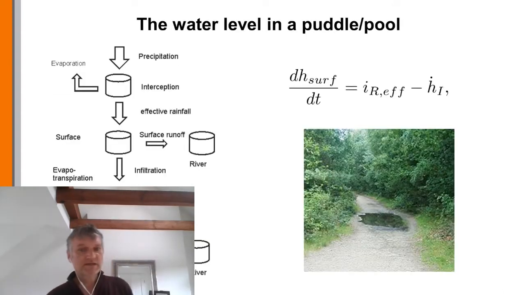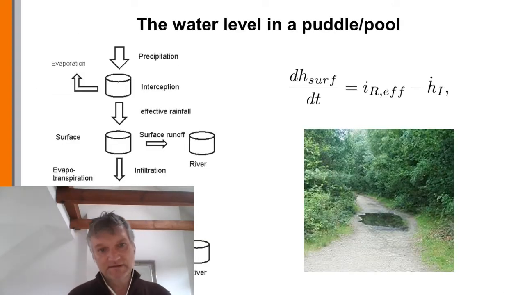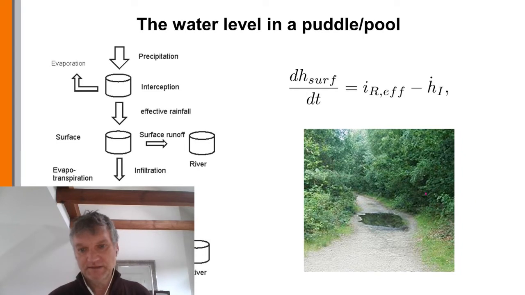So the first thing we have to look at is that we have a pool or puddle or whatever of rain. The free surface of this pool can be calculated by the effective rainfall minus the intensity of infiltration.